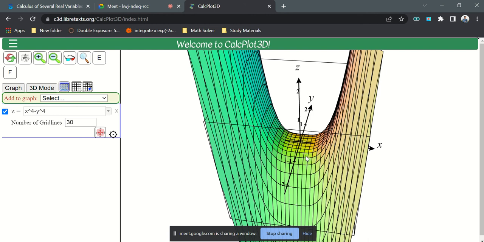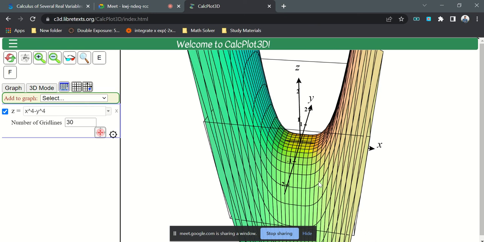So this is why it is called a saddle point, neither a maxima nor a minima. It's like the back of a horse. From one direction you will see it's a minima, but from the other direction you will see it's a maxima.